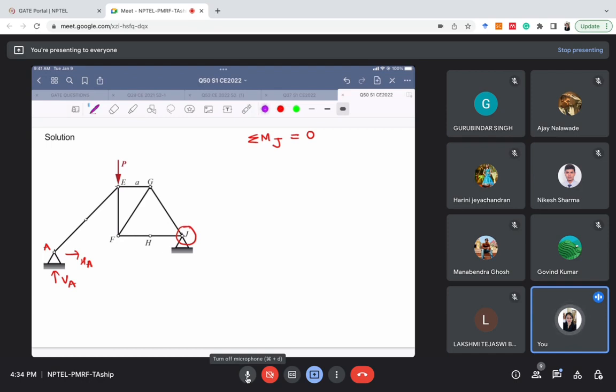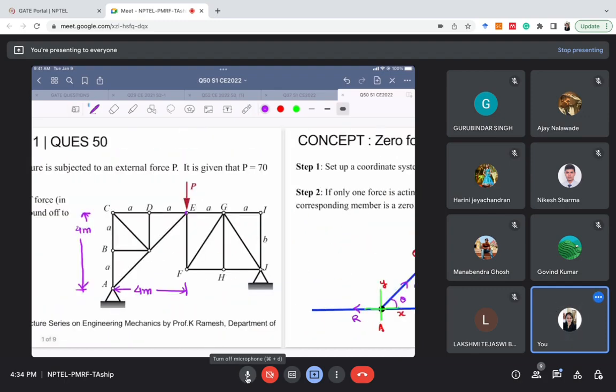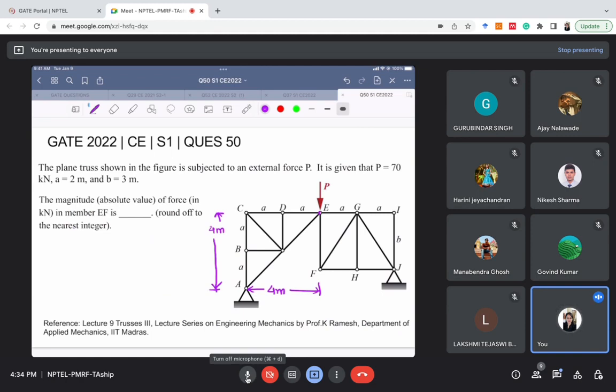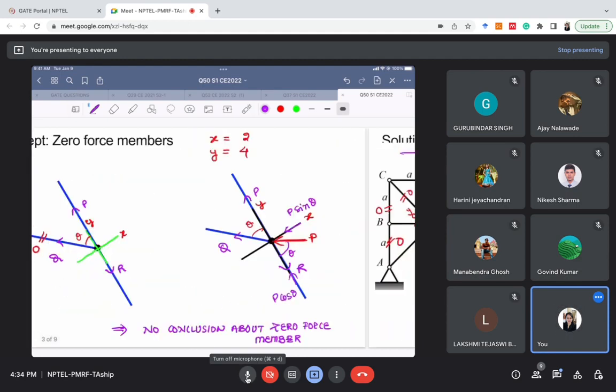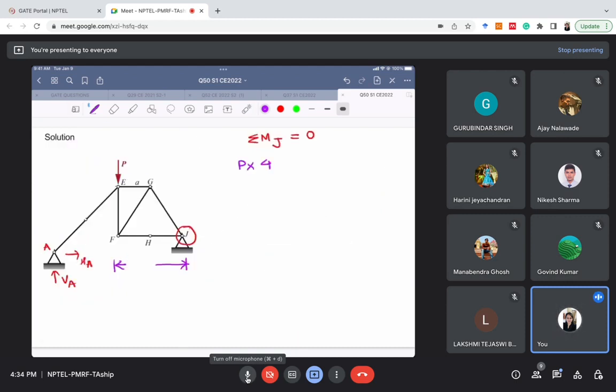So let's see what are all the forces. There's a force called P, and what is the distance between E and J? The perpendicular distance between point E and J is 4 meter, right? A plus A, so it is 4 meter. What is the other force?